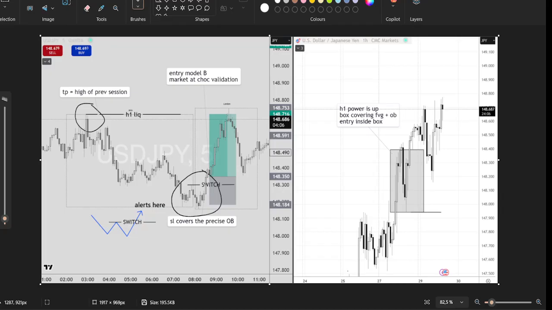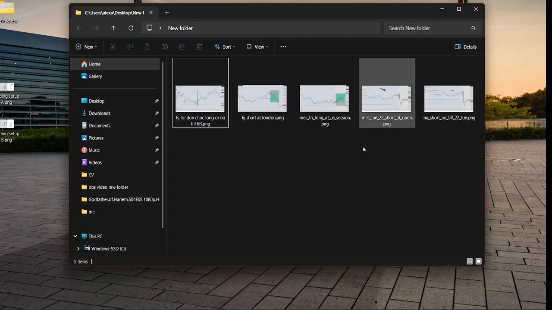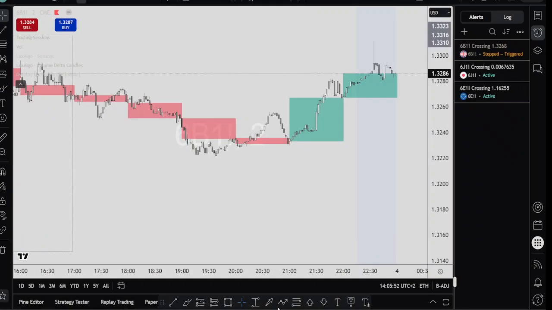The same way the energy was up, this one box is Asia, I think, if we extend it to here. It's also just moving inside. I'm going to show it on TradingView now.